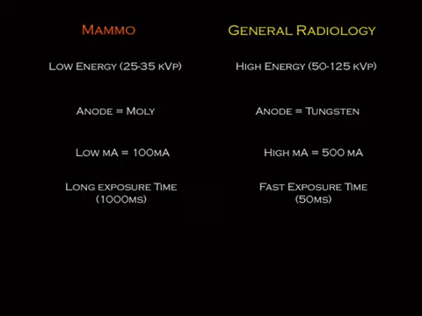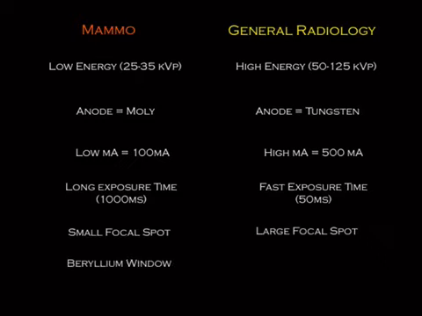Mammograms have more potential for motion artifact, but they compensate for that by pinching the breast in a compression device. Small focal spot for improved spatial resolution. And then there's that beryllium window because you can't use the regular glass, because that takes out those low energy X-rays, which are the ones that we want for optimizing our contrast.